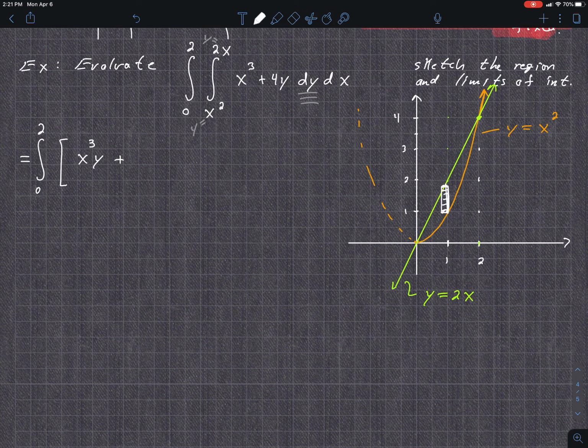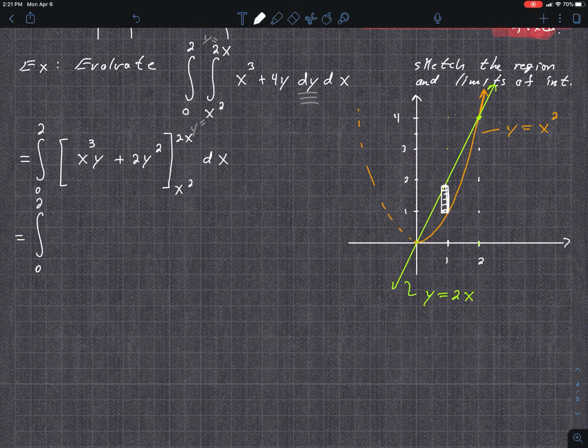So it's just x cubed y plus, and then we'll be adding one and dividing, so it'll be a y squared. And then you're going to evaluate that from x squared to 2x dx. So now what you're substituting in is your 2x and your x squared.